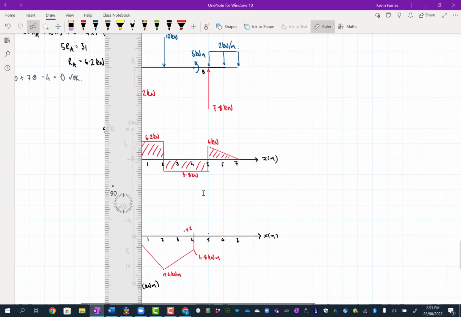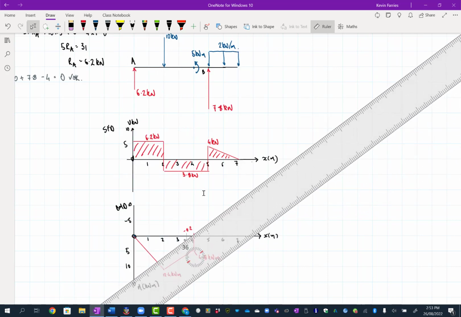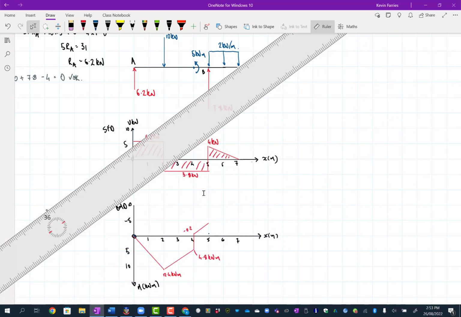This is a negative shear, and so that's going to take us to 4. This here is going to be 2, I think, isn't it? 4, we're going down to 0 after 2, so that must be 2 kilonewtons. And so the first area is 3 times 1, so it's just 3. So after 1 meter, you're going to have to come down to 3.